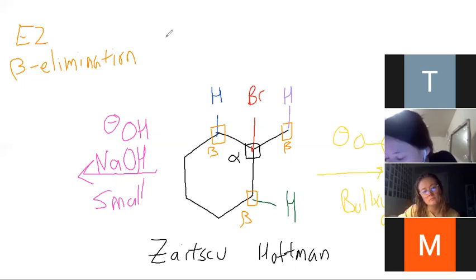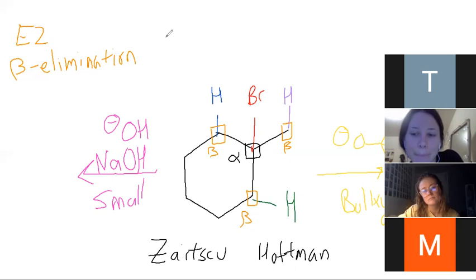While Zaitsev was doing elimination reactions, he did a lot of fundamental research into this. And what he discovered was that the type of base started playing into what product you form.